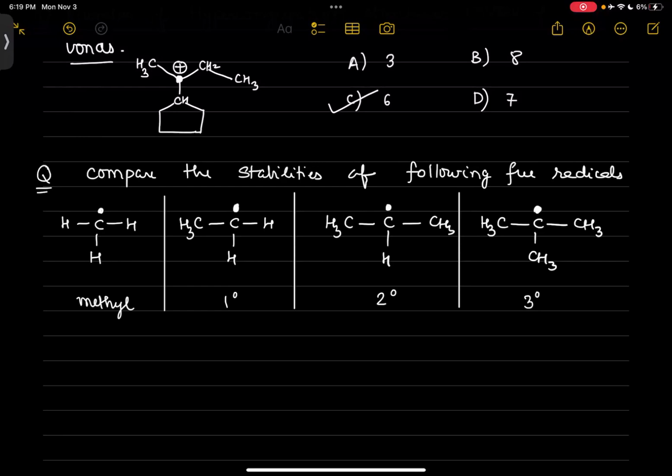So will the presence of methyl groups make them more stable or less stable?